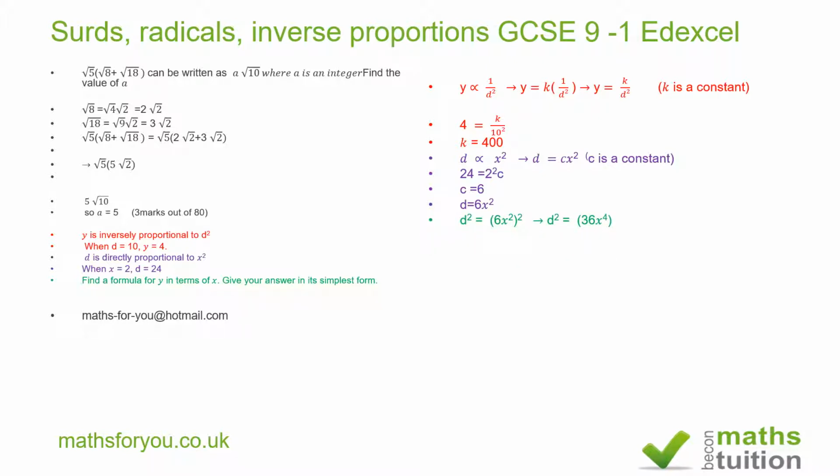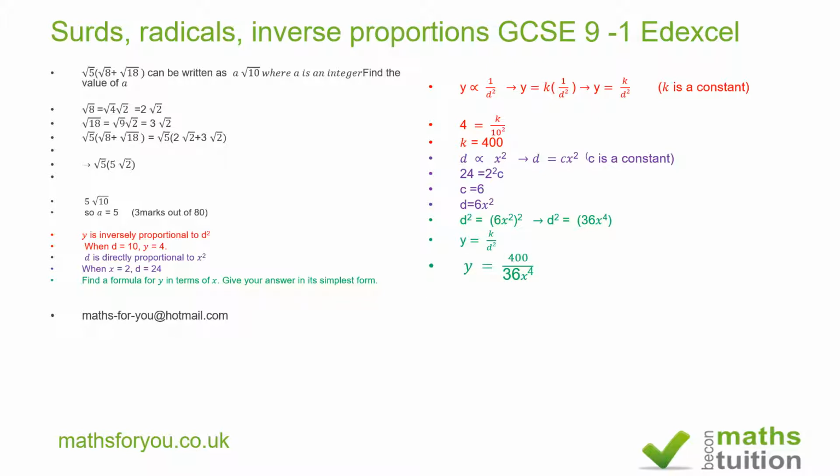Now d squared is 6x squared all squared, because d is 6x squared. So d squared is 36x to the power 4. We know that y is equal to k over d squared. If we replace k with 400 and d squared with 36x to the power 4, we have this.